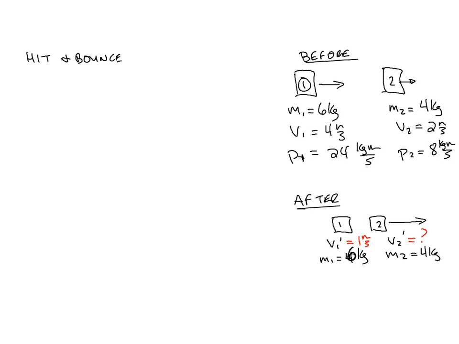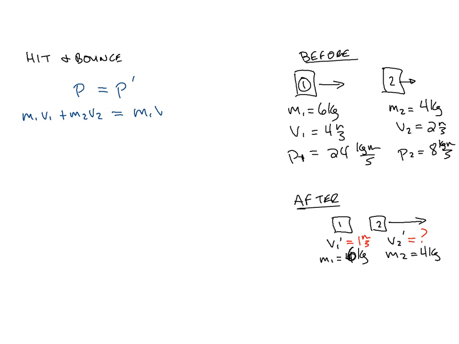All I have to do here is to use conservation of momentum. So the momentum before equals the momentum afterwards. If I take the total momentum in the before picture, that would be m1 v1. Total momentum afterward, of object 2 would be m2 v2.